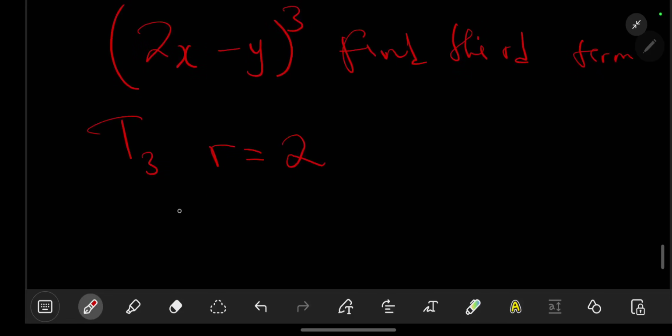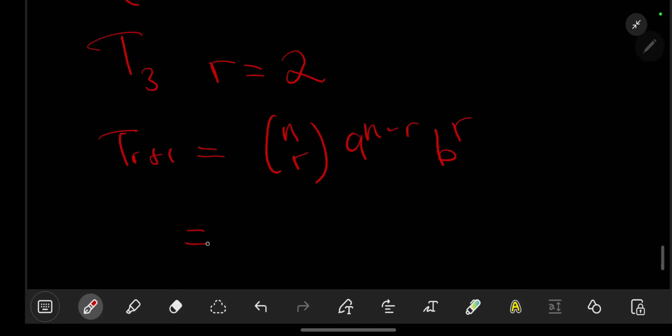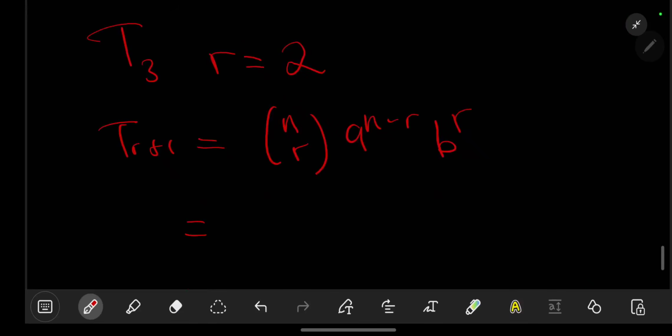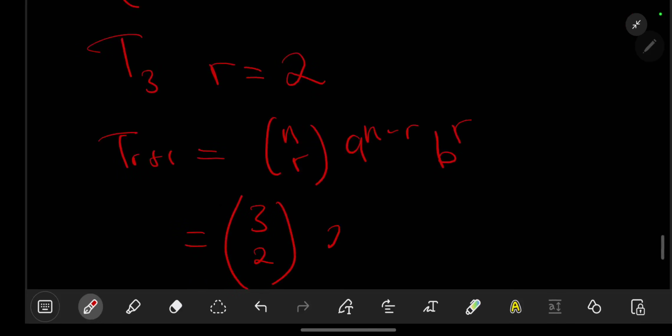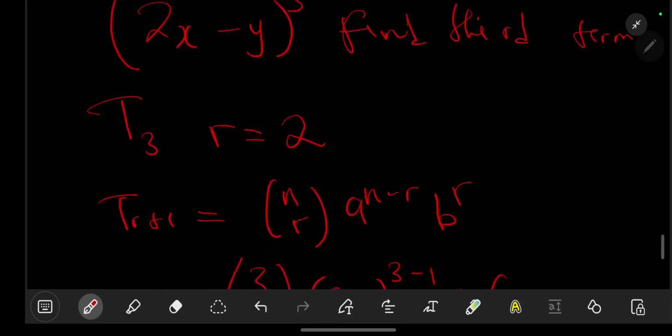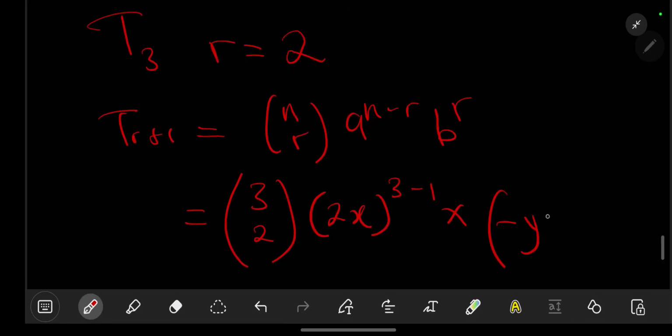So we are going to have the formula T r plus 1 equal to n combination r, a to the n minus r, b to the r, like that. So our n in this case is equal to 3, combination of r is 2, then we have our a, which is our 2x in this case, then 3 minus 1, then times b, which is negative y to the power of r, which is equal to 2.